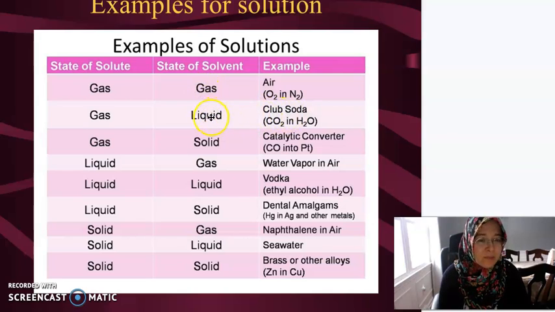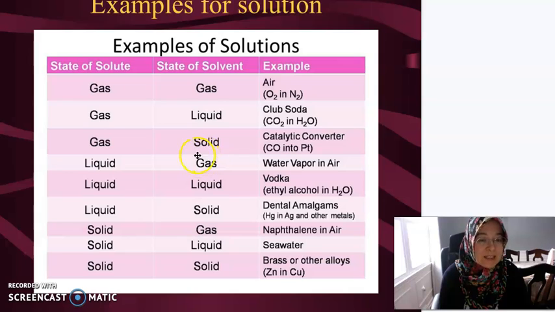For example, club soda. Your solvent is liquid, water, and you are dissolving carbon dioxide in it. It's in the gas phase. Your solvent is, for example, solid, which is platinum. You take the platinum metal and your carbon monoxide gas attached to it, and you dissolve carbon monoxide in platinum.